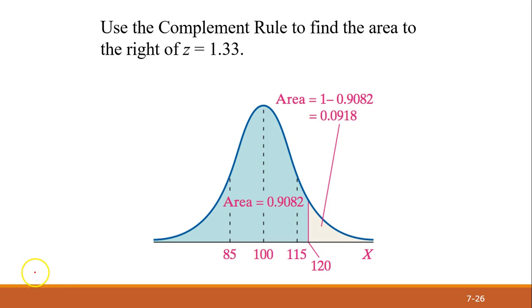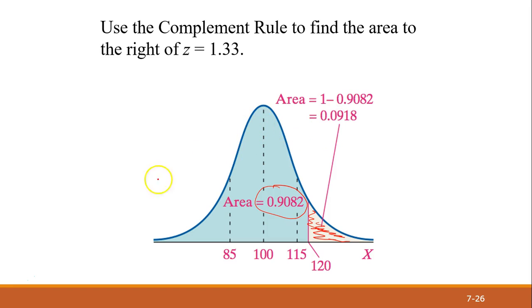If we are looking for people who score above 120, this is how we are going to use that. Since we know the z-score, 1.33, and we have found the probability or the area under the curve for that particular z-score, to find the rest of this area, the area to the right of this whole shaded region, we use the complement rule.